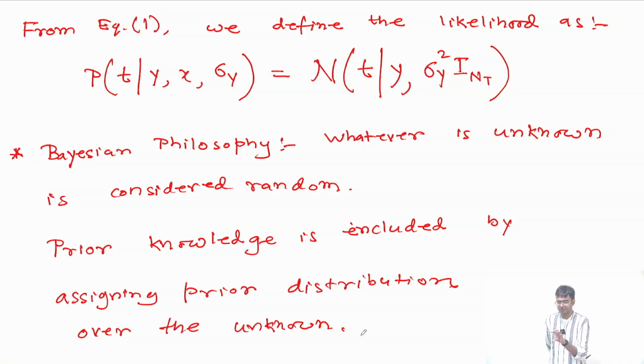So I'll assume mass to be a random variable, right? Whatever is unknown is random. But I have prior knowledge about mass, it cannot be negative. That means I should model mass as a random variable and that distribution should be log normal. The distribution cannot be Gaussian or something, right? Even if it is Gaussian, you will shift the mean so much that it almost never goes to negative.